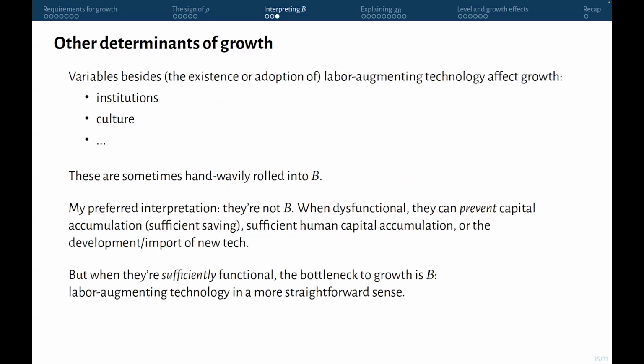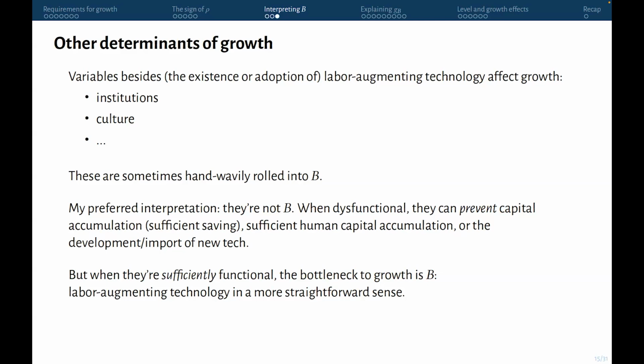Again, this won't come up that much, but I think it's cleaner to think of them not as B, but as potential bottlenecks to the accumulation of capital or the development and deployment of technologies. As long as they're sufficiently functional, the bottleneck to growth is technology in a more straightforward sense.